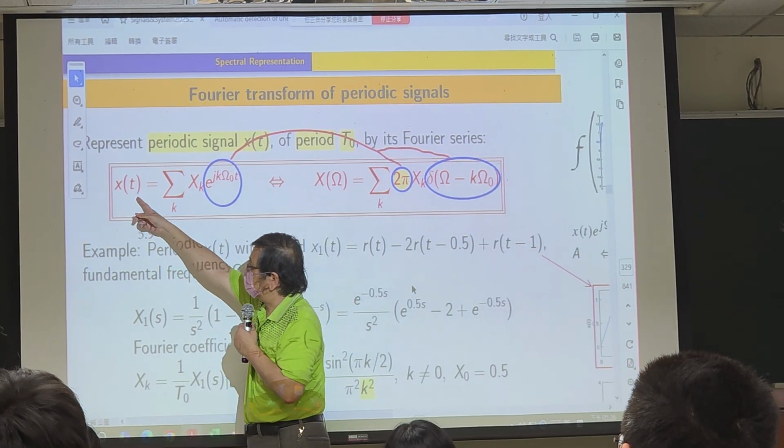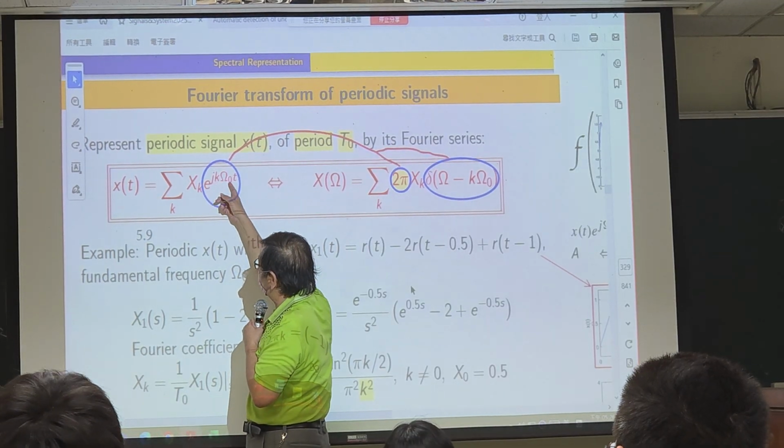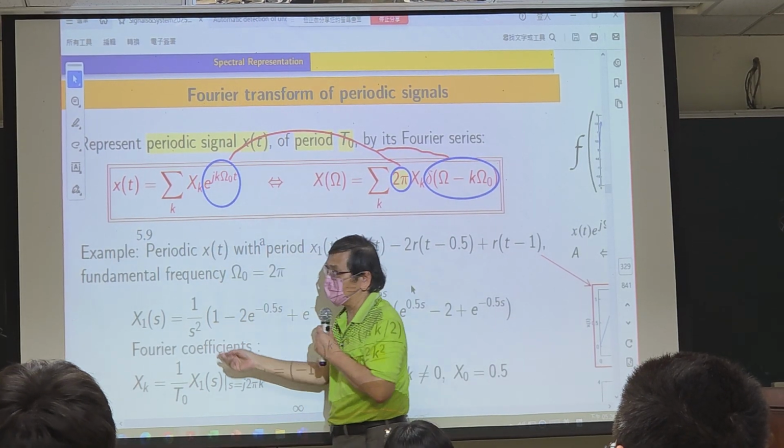If I multiply the signal by e to the j k omega_0 t, that's a modulation.